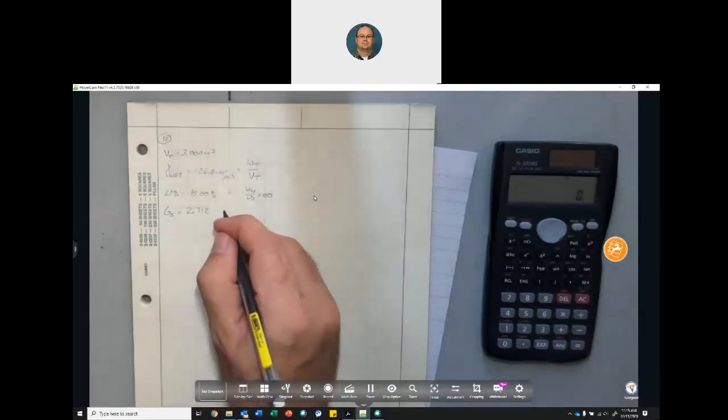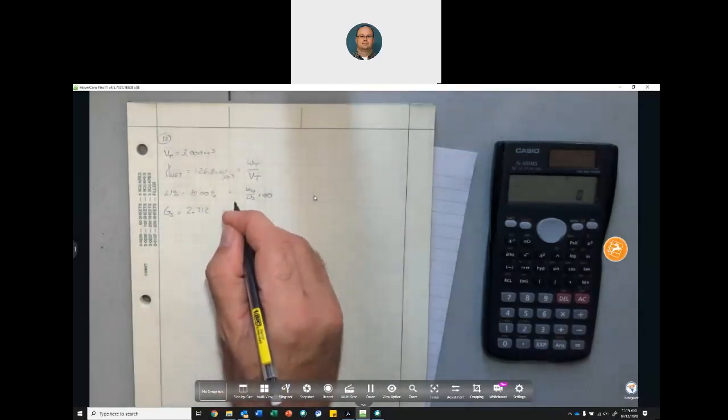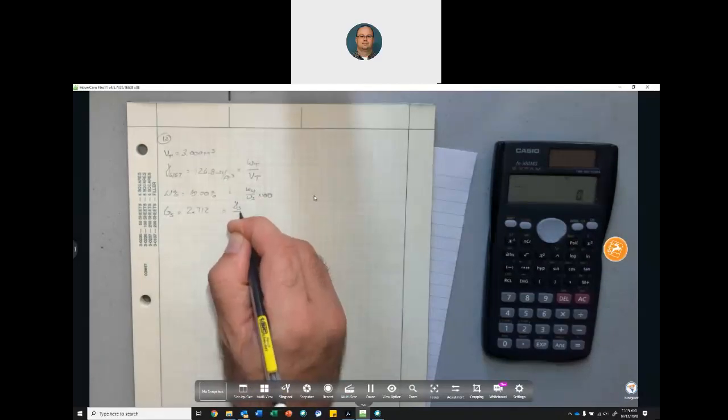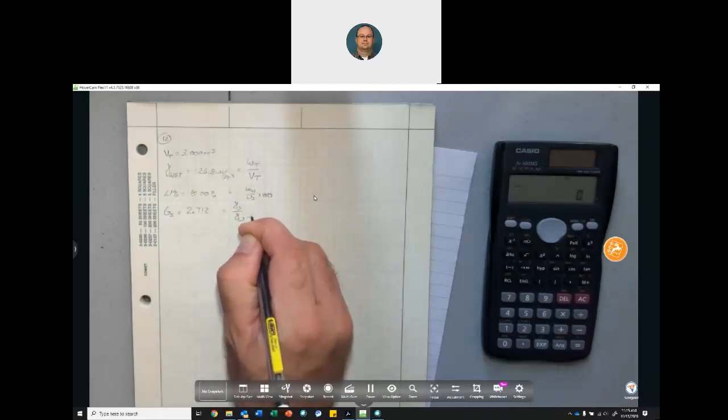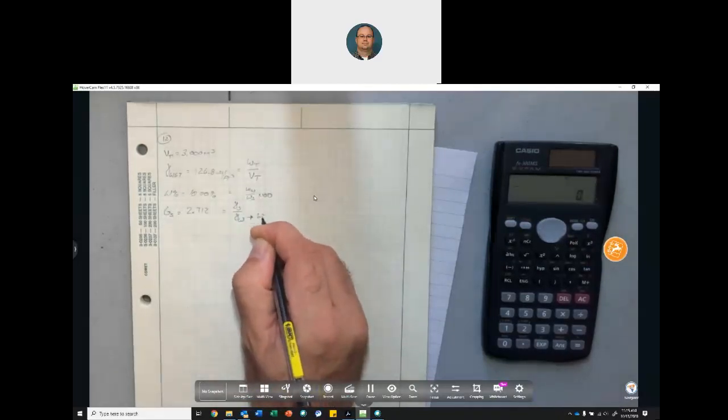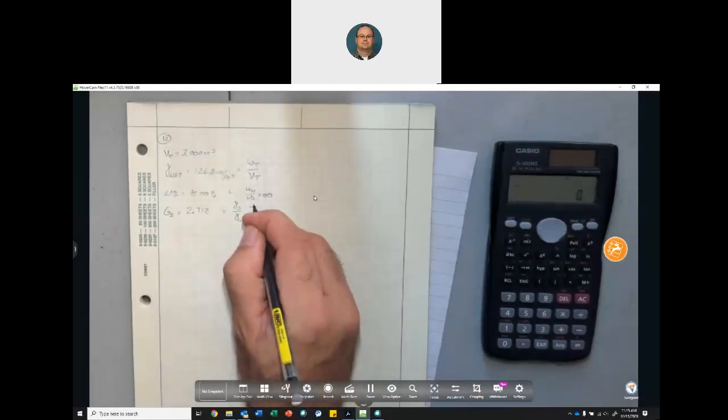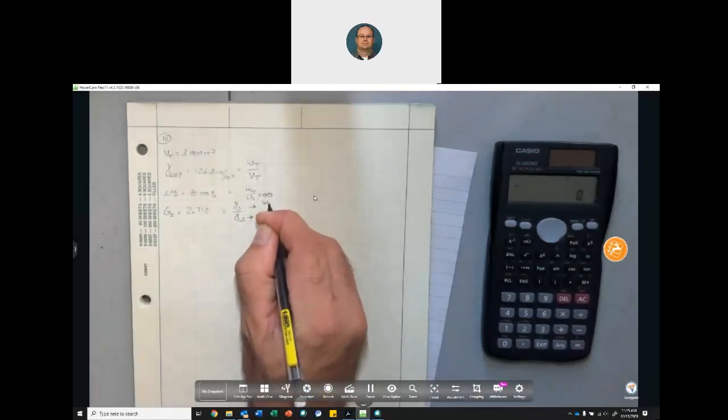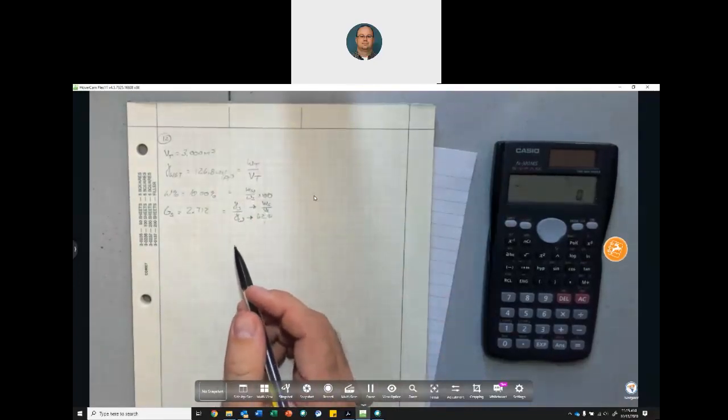Okay? So we know that formula is unit weight of solids divided by the unit weight of water. We know this is 62.4, and we know this is weight of solids divided by volume of solids. So that's everything that's given to us.